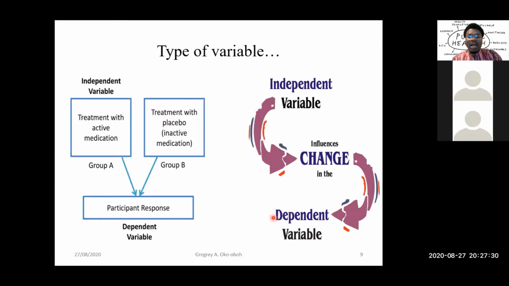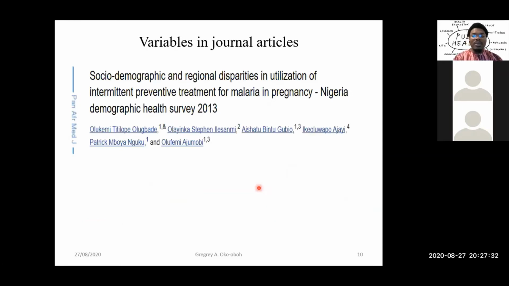So if we move on now to this example here, this is a journal article, and it is titled Socio-Demographic and Regional Disparities in Utilization of Intermittent Preventive Treatment for Malaria in Pregnancy, Nigeria Demographic Health Survey 2013.